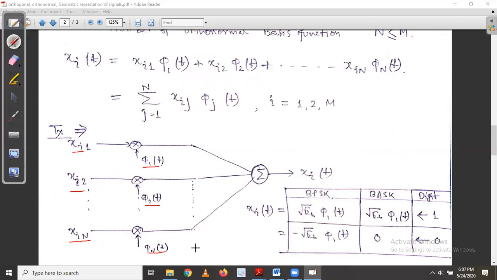Carrier signal is nothing but some basis function. Multiply and add all. So finally we will get a signal denoted by xi(t), which is nothing but a summation of this product of these two. So now this signal is the modulated signal which is transmitted from the transmitter side.